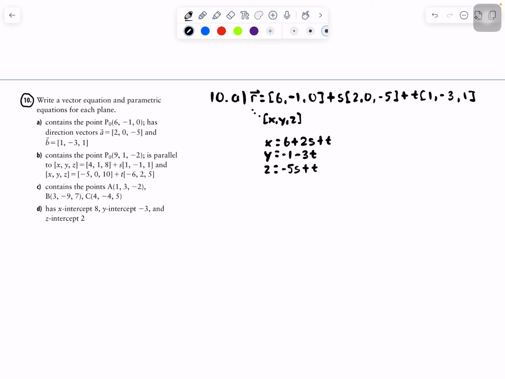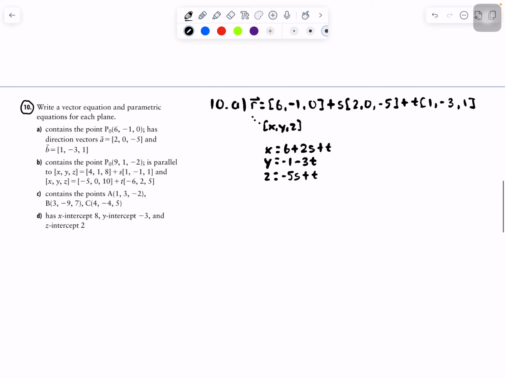And those are parametric equations. Moving on. Let's do question B.